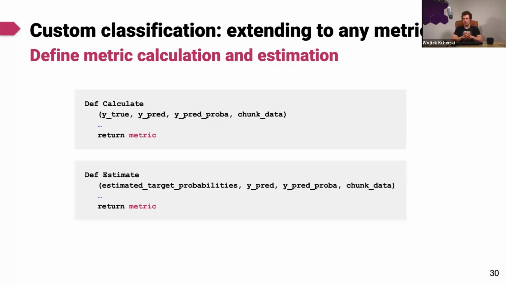We also need the column for predictions, the predicted probabilities, and information of the chunk data if we want to use it at all. And then for estimating the model, we're going to do a very similar function, but instead of using the actual targets, we're going to use estimated target probabilities, because that is something that we need to run our CBPE algorithm or the improvement of that, which is called PAPE.